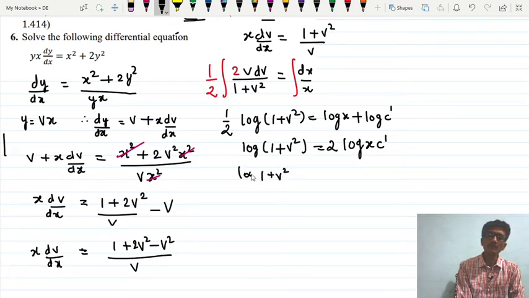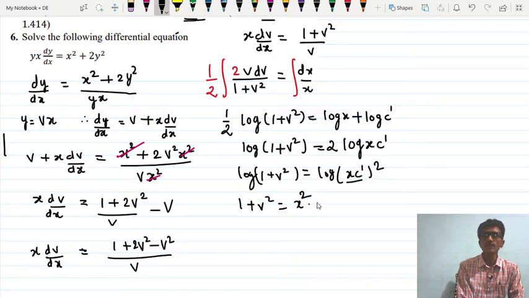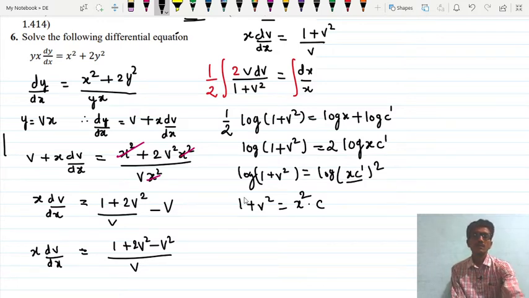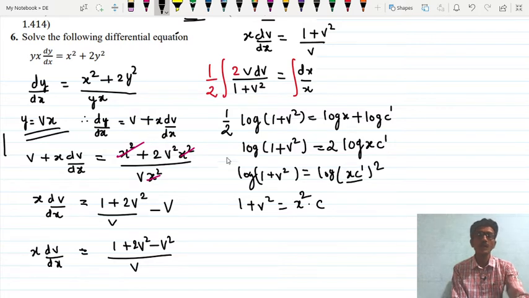And right hand side is equal to log of (x c dash) square. So 1 plus v square is equal to x square c dash square, and c dash square finally we will write as c only. But v is equal to what? v is equal to y upon x.